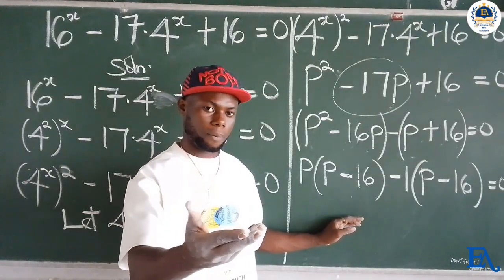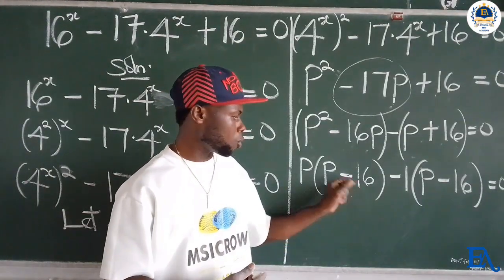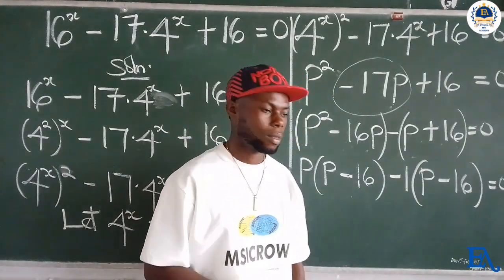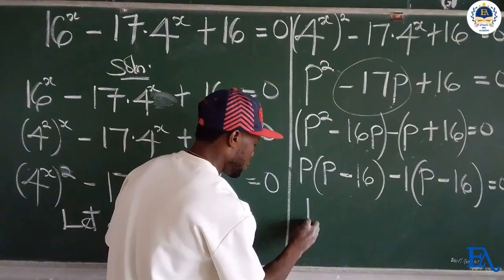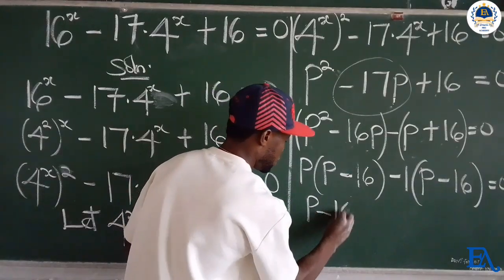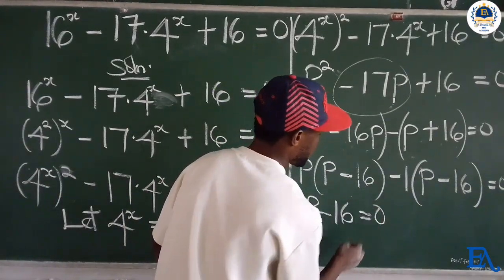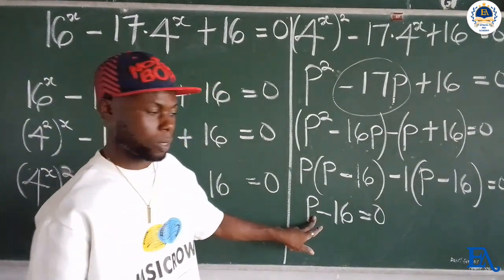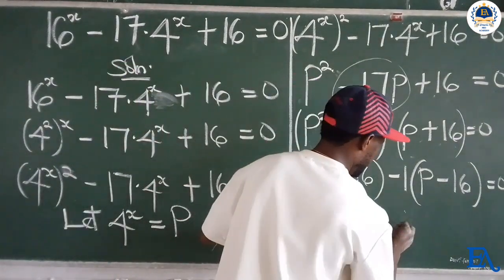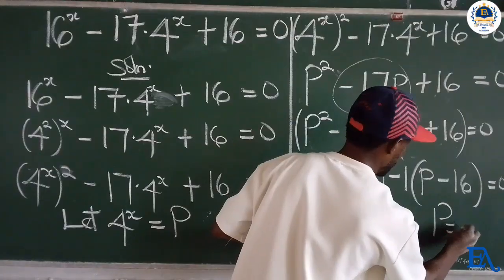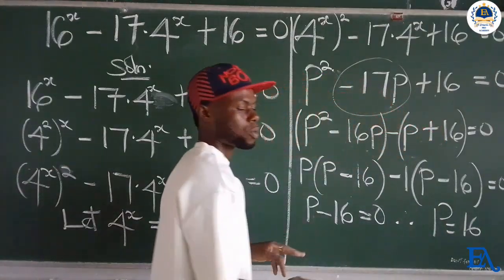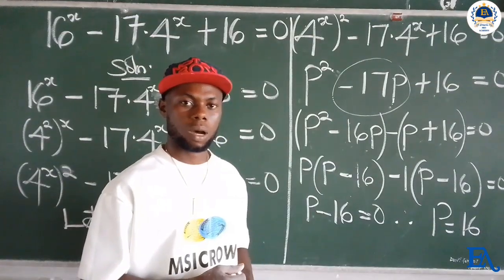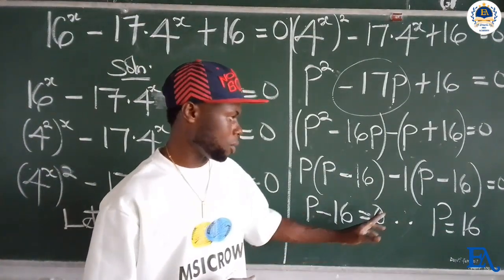Because they are the same, I must pick one bracket and equate it to 0. That means p minus 16 is equal to 0. And if you are required to make p the subject, p will equal 16. What is not written inside the bracket should also be written outside and be equated to 0.